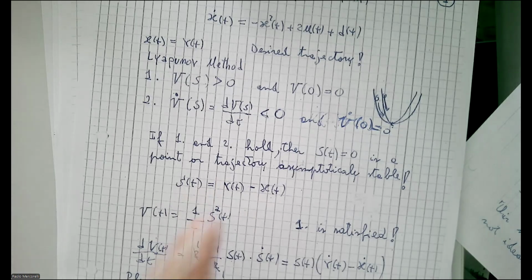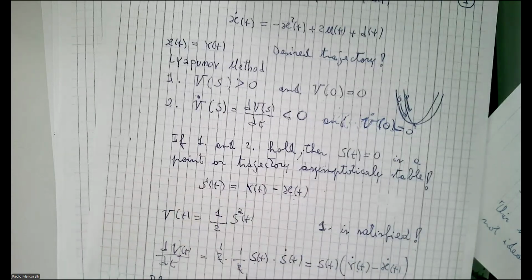Now, if we are considering just this surface, which is exactly the error, the sliding mode dynamics finish exactly at the surface. This means we don't have this sliding phase.